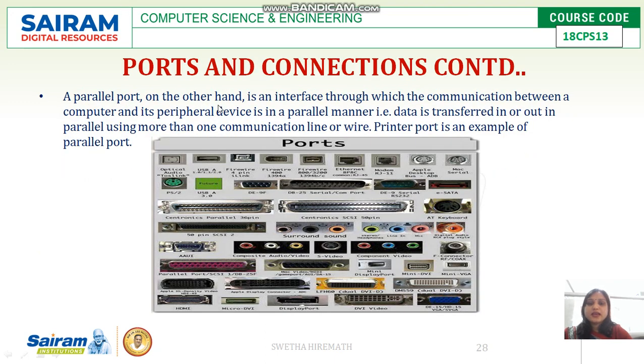In this diagram you can see different types of ports, serial ports and parallel ports, both are there. For example, to connect video devices or audio devices, everything will have the ports. There will be some switches and connections through which we make the connections and use that device which is connected to the CPU or to any other devices.